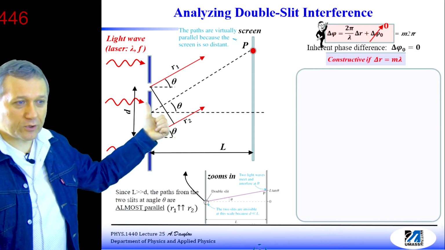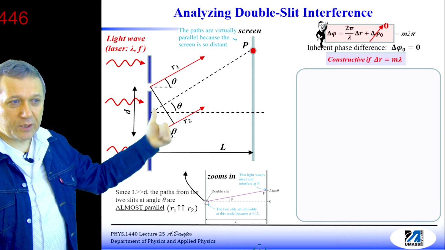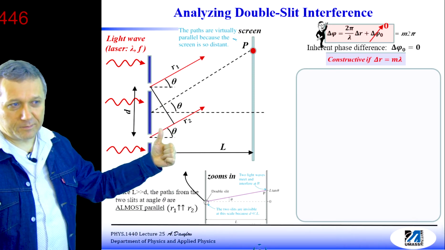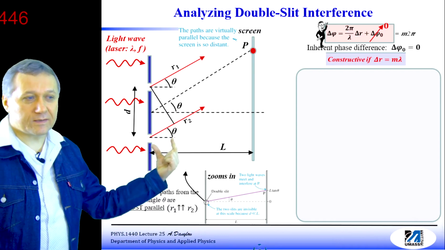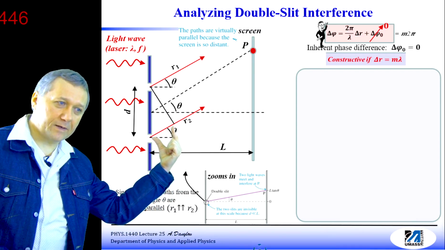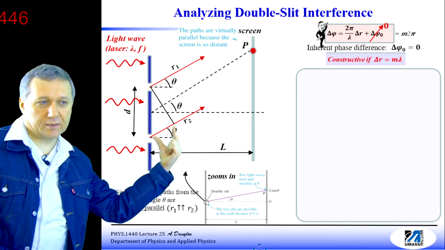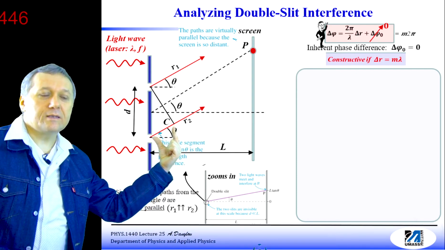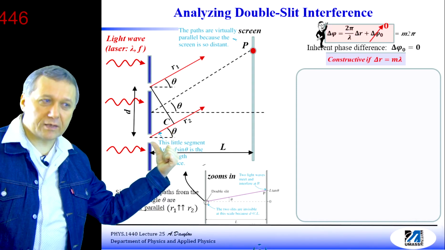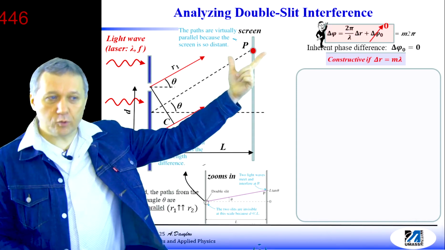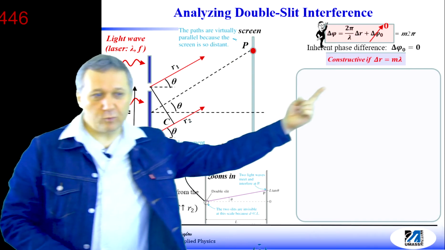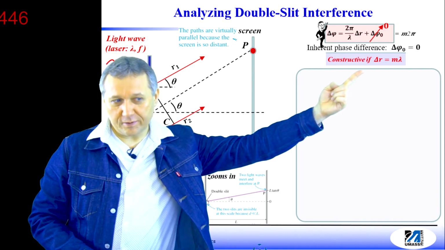So you see, I just draw a line perpendicular to this R2. And this short segment, this one, that's our delta R. That's the additional path length that the second wave must cover on the way to point P. So this is our delta R, which we wanted to find for this condition.